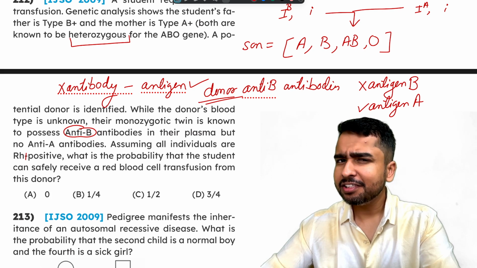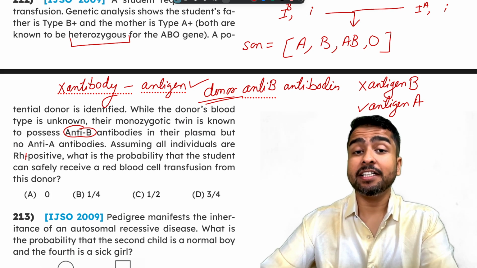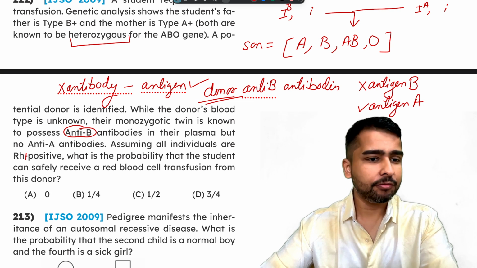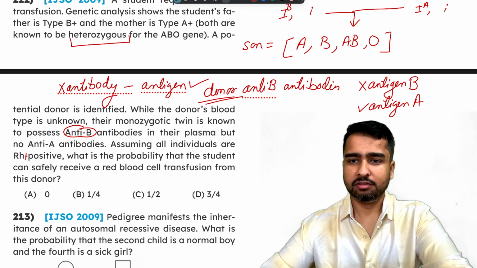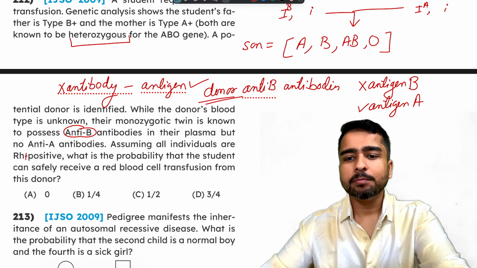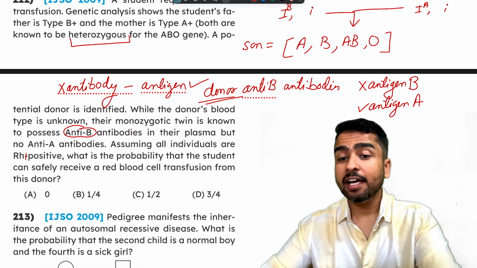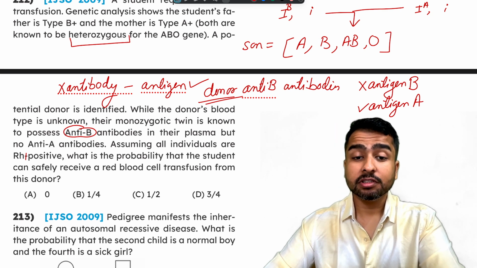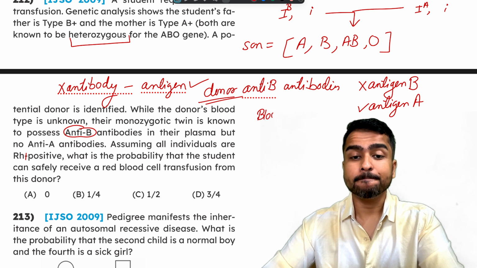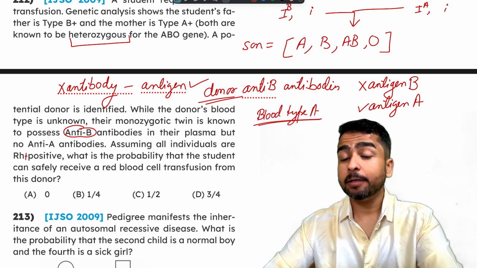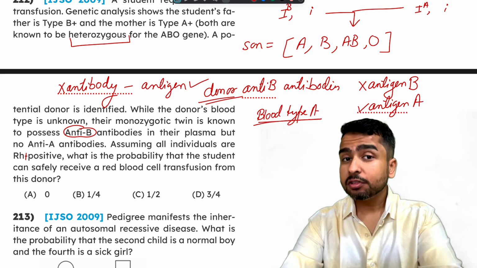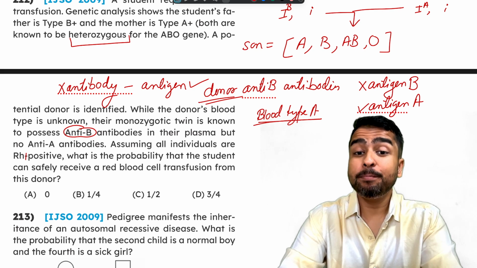I have antigen A, I should not have anti-A antibodies. Perfect sense. So this confirms that the person has A antigen. That means the person is blood type A, and it also confirms it cannot be AB.